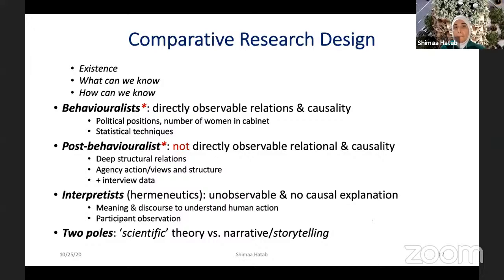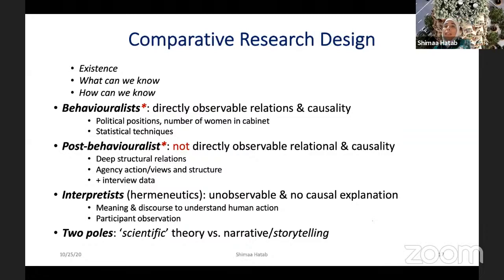So this ontology and epistemology would determine the way you perceive reality, and how you can collect facts or information about your cases or the phenomenon under investigation. So they have names for this. If you are a positivist or behavioralist, the literature uses these interchangeably, connecting this to our last week's lectures.